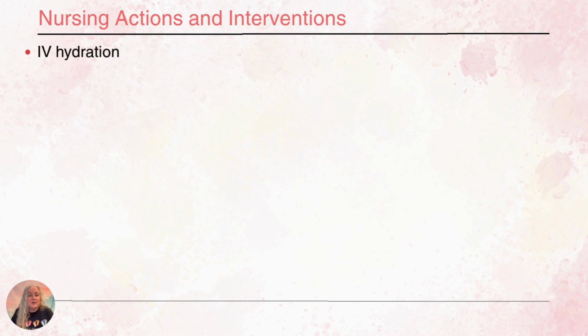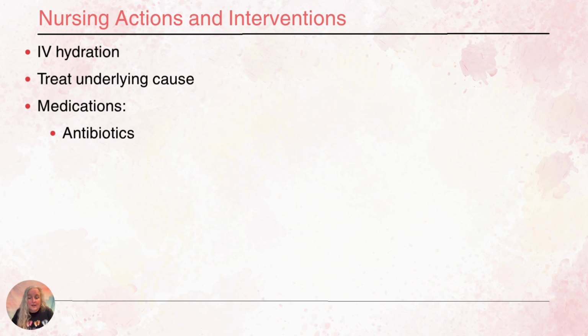Nursing actions and interventions include IV hydration, treating the underlying cause, whether it's infection or if she has a cervix that's dilating and they can do a cerclage, or if she needs progesterone or whatever.